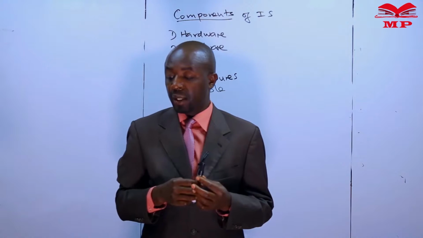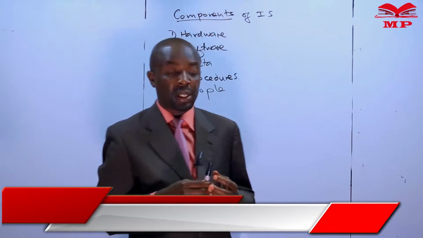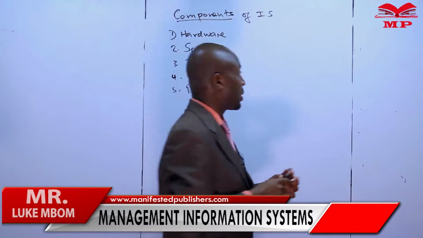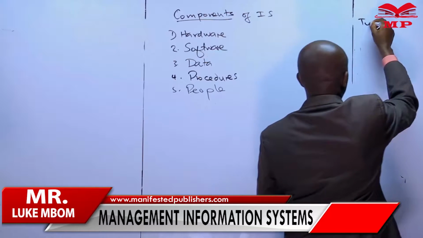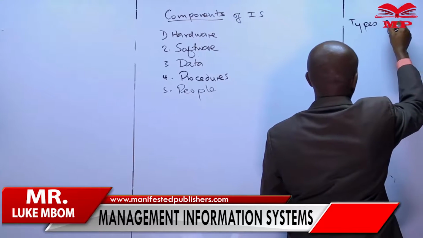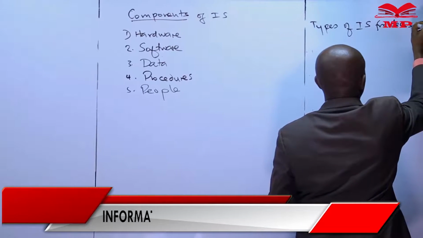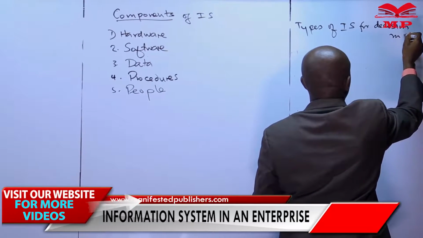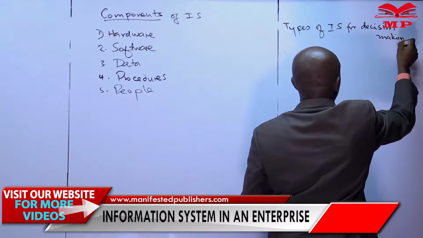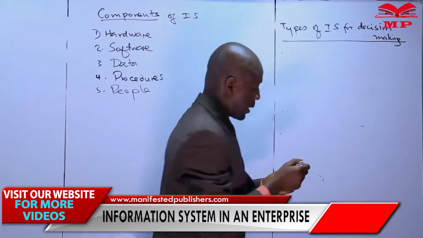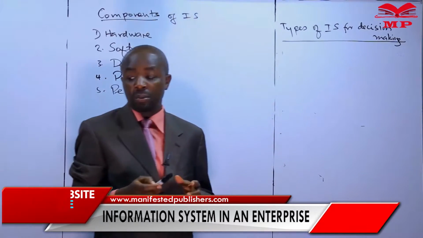Now, next we look at an area which will take us a while to cover, which talks about types of IS for decision making. Now, remember, we have so many types of information systems. But here we are looking at the various types of information systems for decision making.